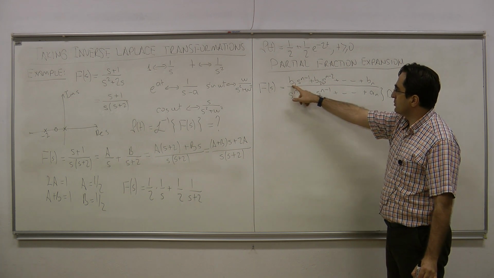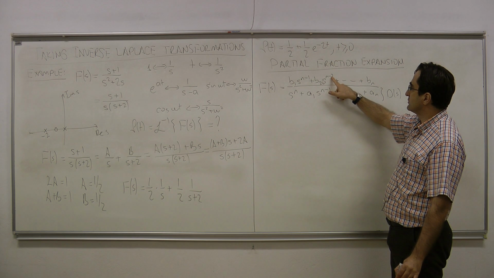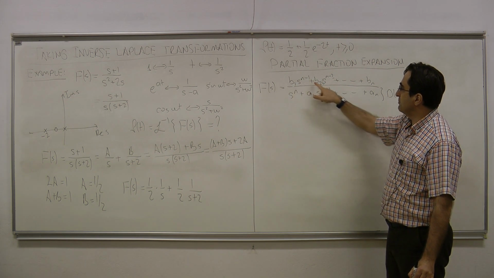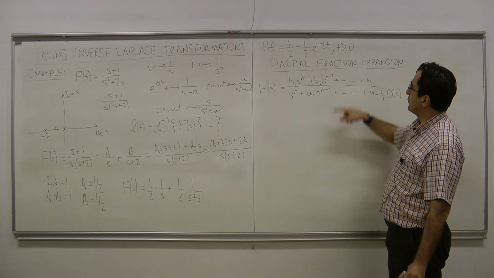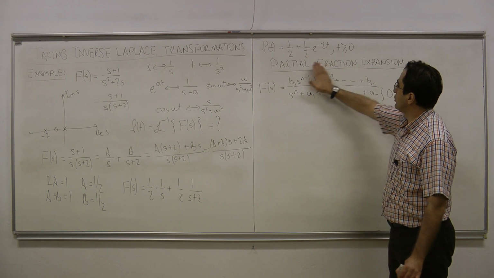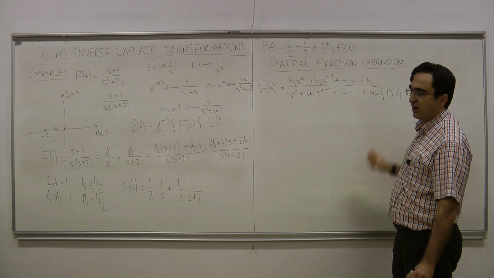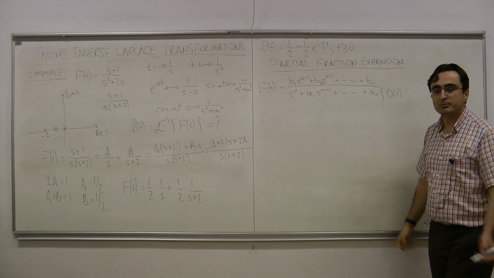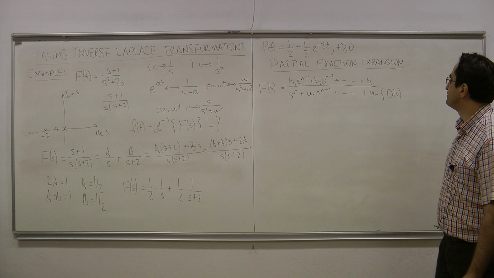If b1 is equal to 0 and b2 is non-zero, the order is going to be n minus 2. And if both b1 and b2 are 0, and b3 is non-zero, then the order of the numerator is going to be n minus 3, etc. And if all these coefficients are 0 except for bn, then we're going to have a constant in the numerator, a zeroth order polynomial.